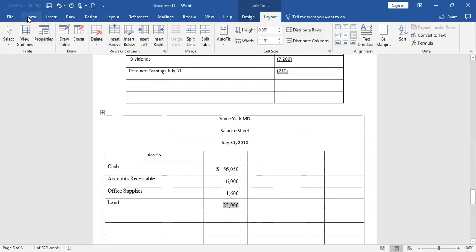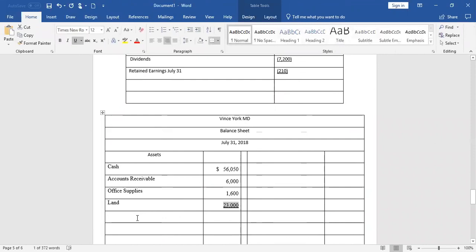Now, when we do that, don't forget we want to total them up. So we're going to add the $56,050 to the $6,000, the $1,600 to the $22,000. And we will have, and that's a single line right there, 86,000.